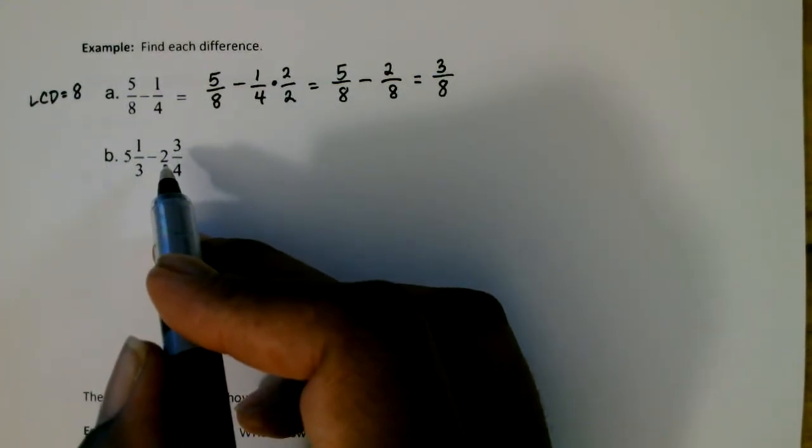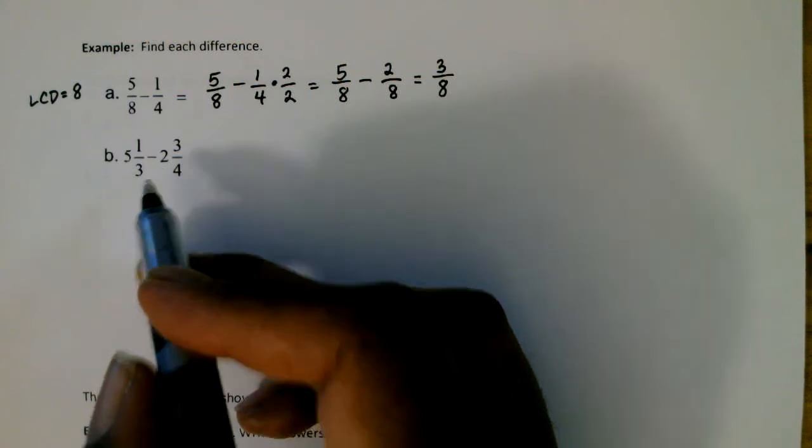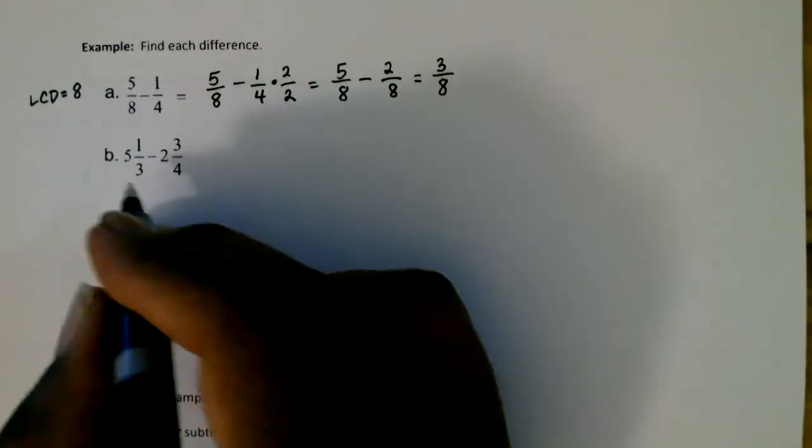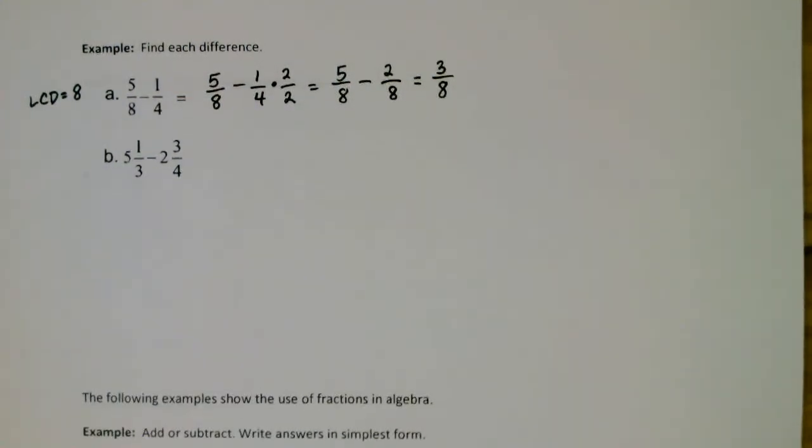I'm going to give you the easier one, because the other method is that you'll have to find an LCD, and you'll have to do a little regrouping with your whole numbers, converting that to a fraction with the common denominator. However, if I write these as improper fractions, that would be easy to do, and then the final answer will be converted to a mixed number.